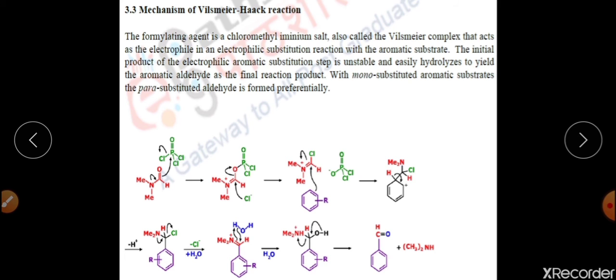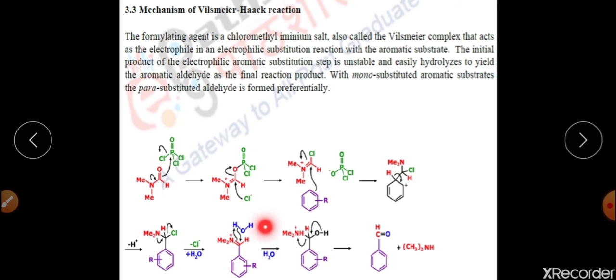After this, as it contains the nitrogen lone pair, the lone pair will attack on this particular carbon and will form C double bond N with the elimination of Cl. Cl will be eliminated from this and will get converted into C double bond N positive Me2.